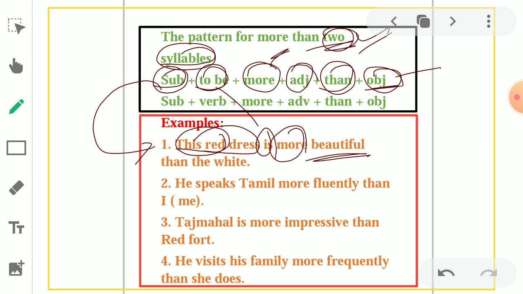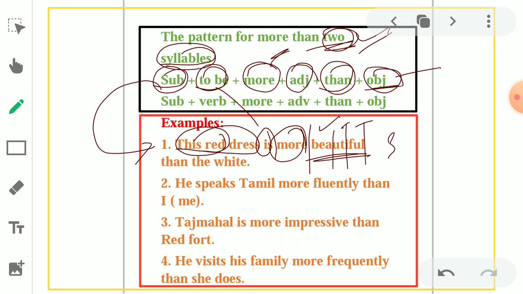Here, the word beautiful, if I take it, we can divide it on the basis of its pronunciation. Beau, beauty, beautiful. One, two, three. So there are three syllables in this word.